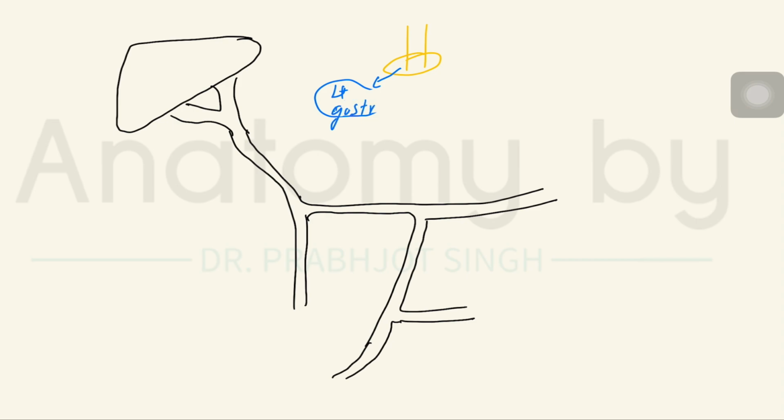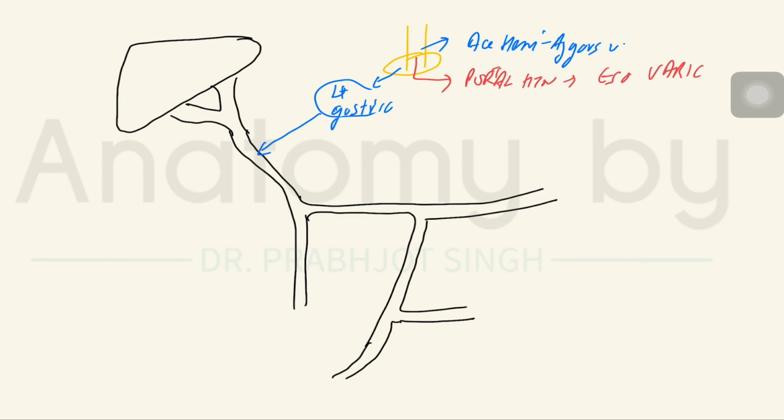Left gastric drains into the portal, and over here it also drains into the accessory hemiazygous vein. And if portal hypertension takes place, it leads to esophageal varices at this site.